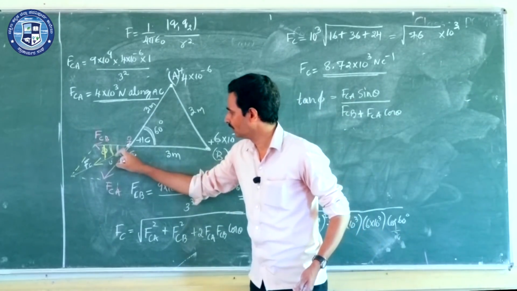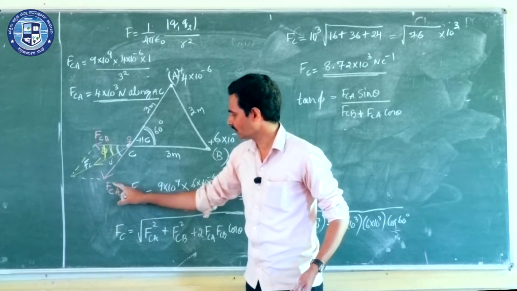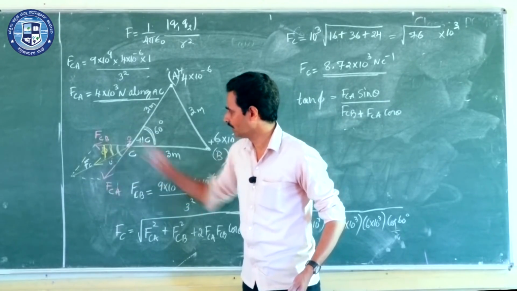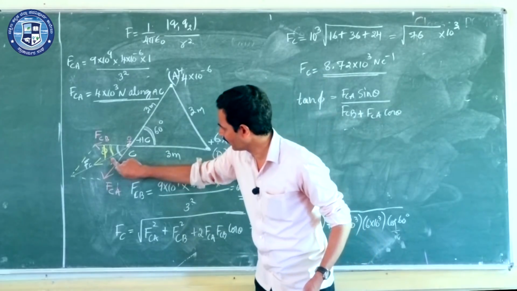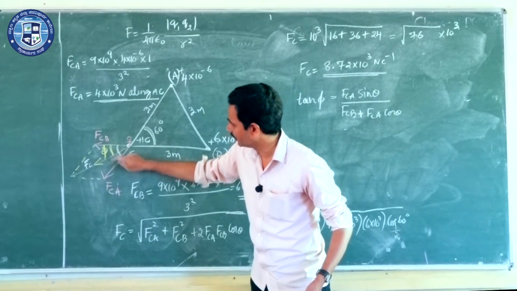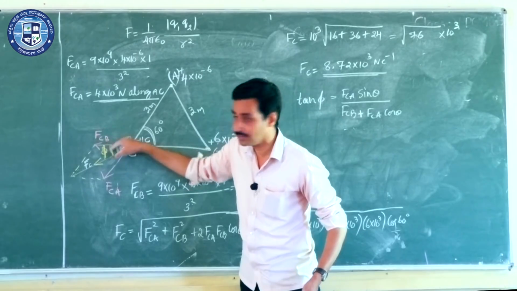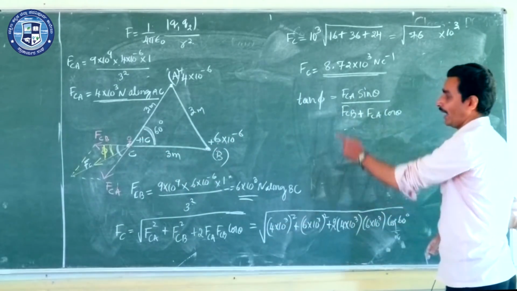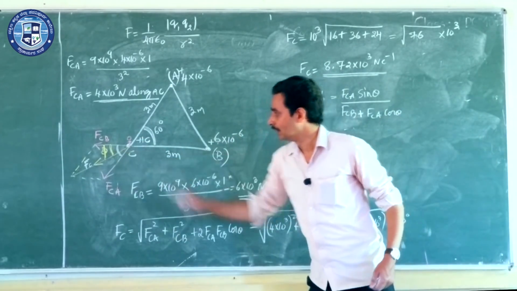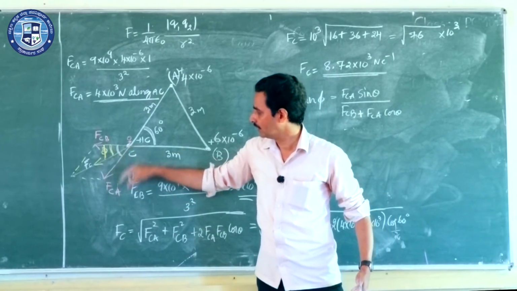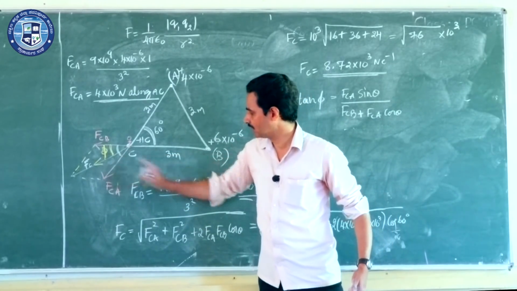If you have taken phi with the FCB, then sin theta and cos theta will accompany the FCA, not the FCB. Suppose you have taken some alpha with FCA, then sin theta and cos theta would have accompanied the FCB. Okay, now tan phi is FCA sin theta divided by FCB plus FCA cos theta.